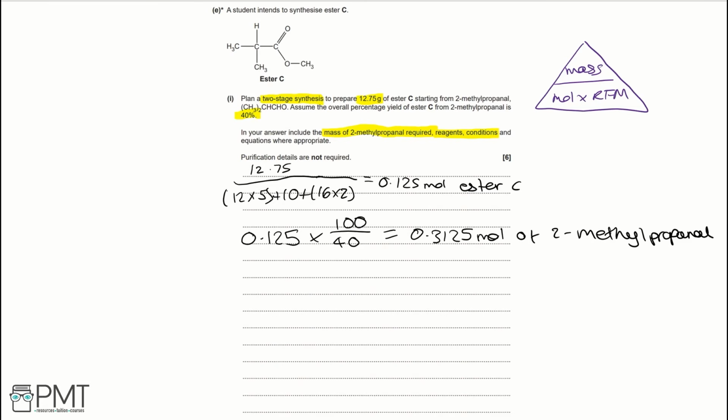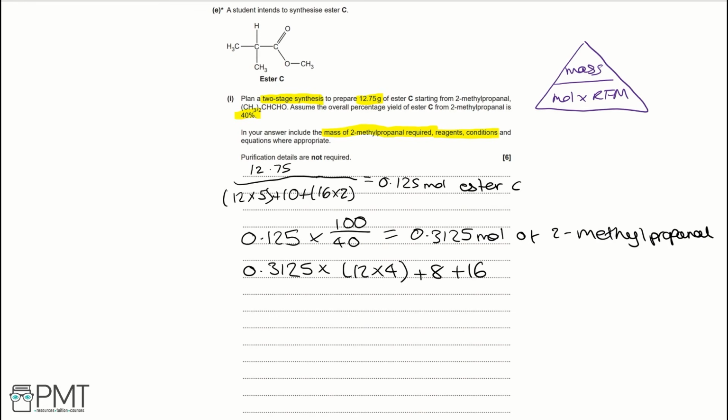We're then going to use these moles to work out the mass of 2-methylpropanal. So we're going to use the same equation triangle. We're going to do moles multiplied by relative formula mass. So we're going to do 0.3125 multiplied by 12 times 4 plus 8 plus 16.